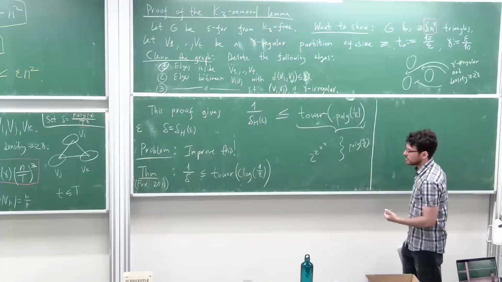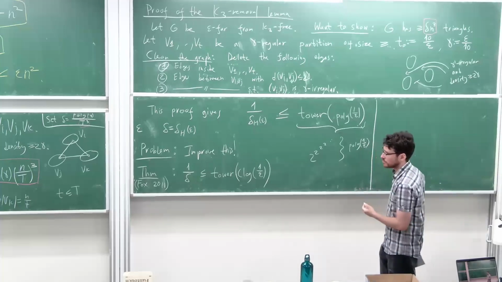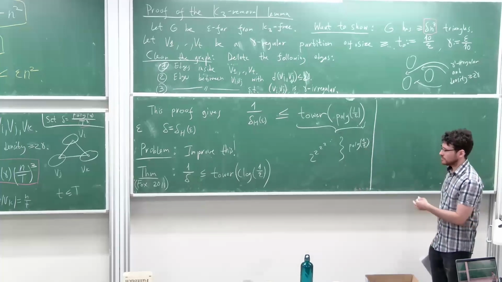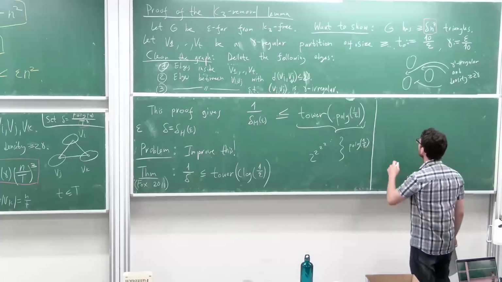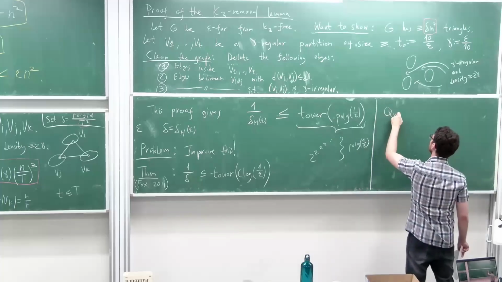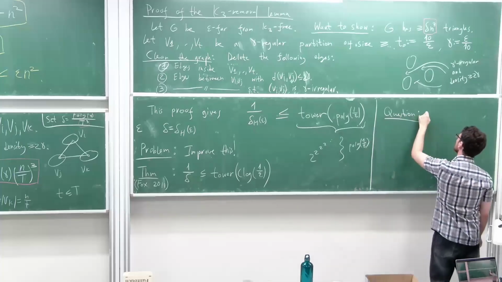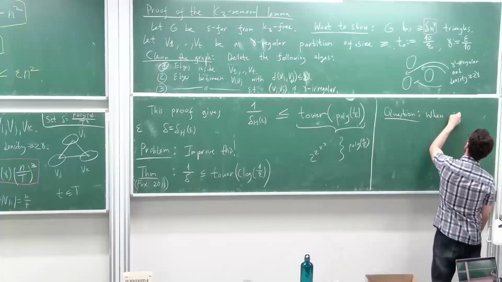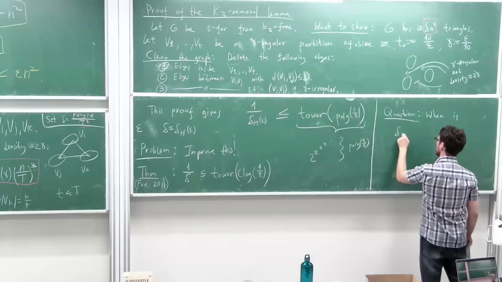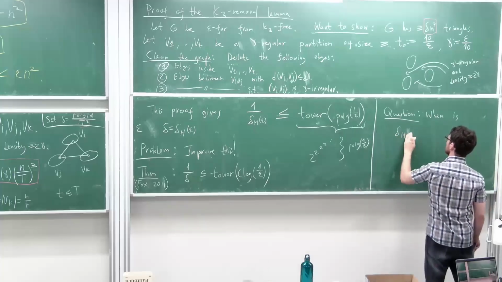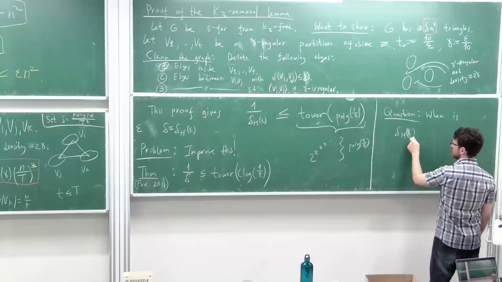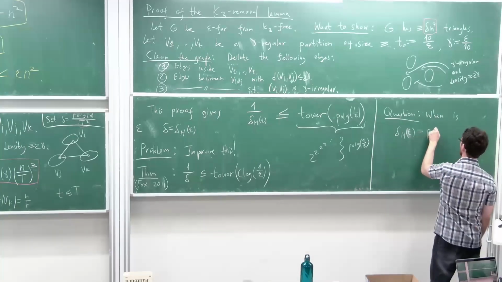Now the problem we'll start talking about now, and which will be the topic of tomorrow, is the following question. When is delta H of epsilon polynomial in epsilon?